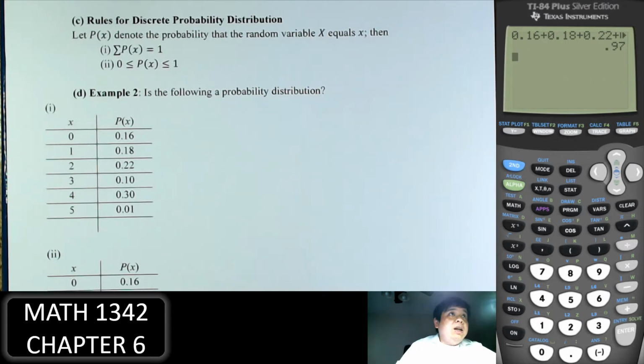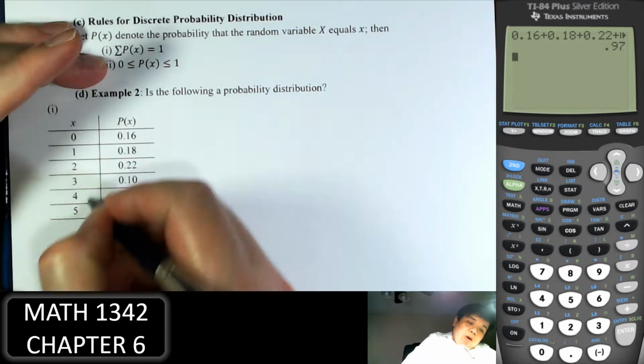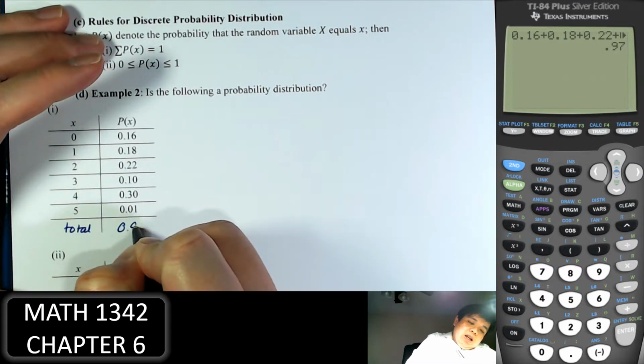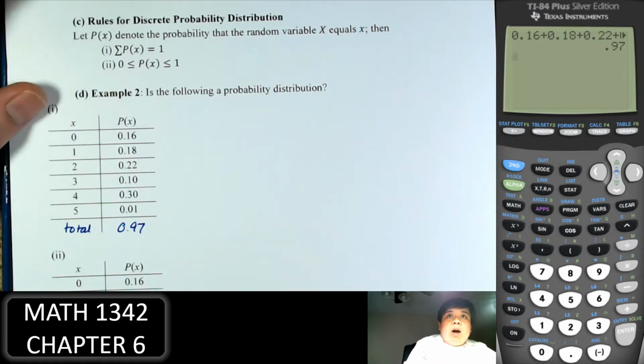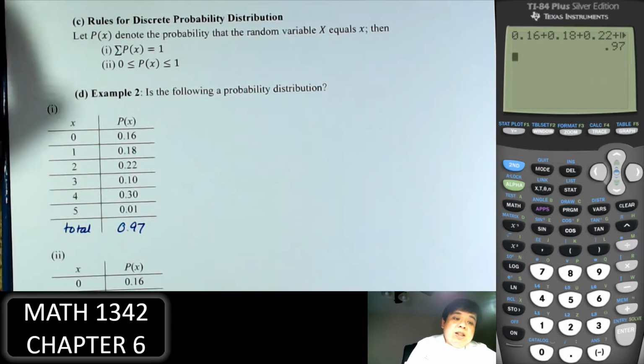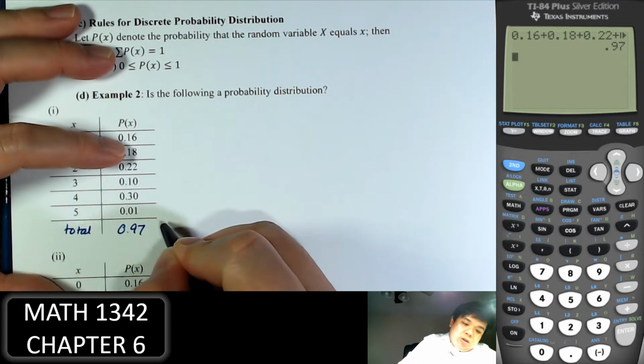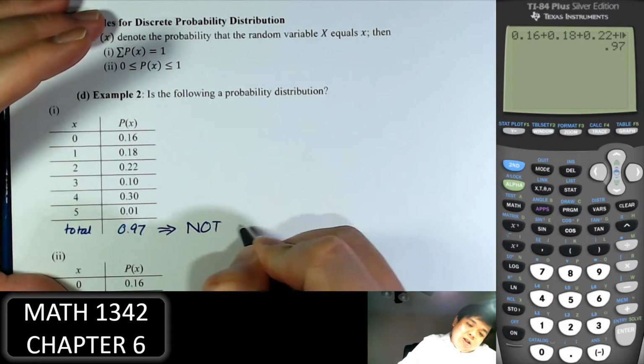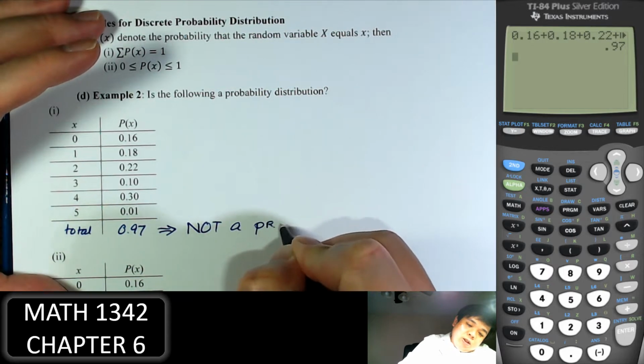As you see, the sum of all of these is only 0.97, so it's not 1. Because the sum is not 1, this is not a probability distribution.